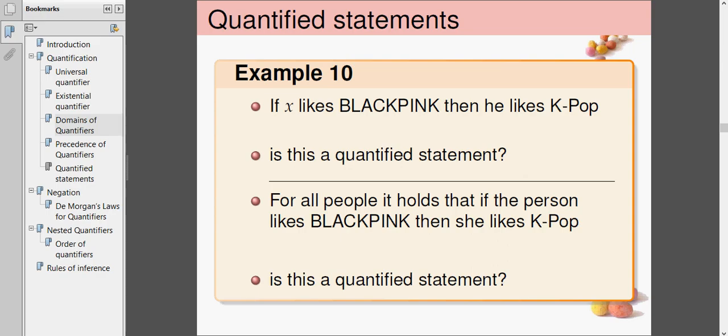If X likes Blackpink, then he likes K-pop. Is this a quantified statement? For all people, it holds that if the person likes Blackpink, then she likes K-pop. Is this a quantified statement? Let's see.